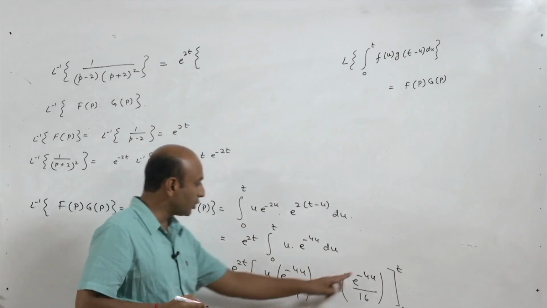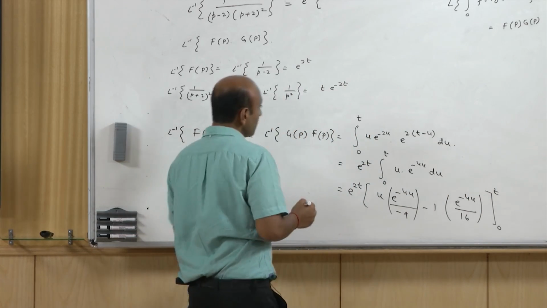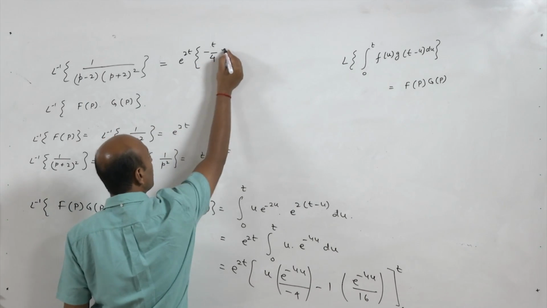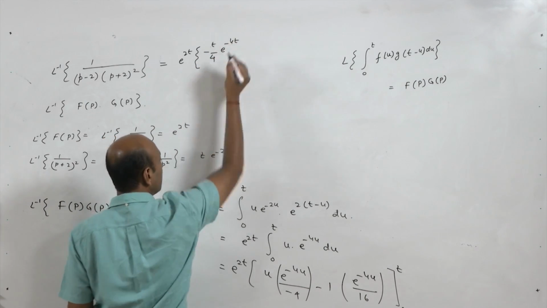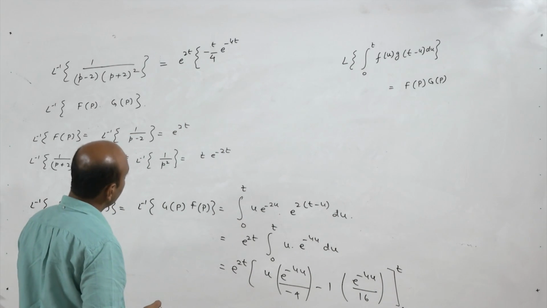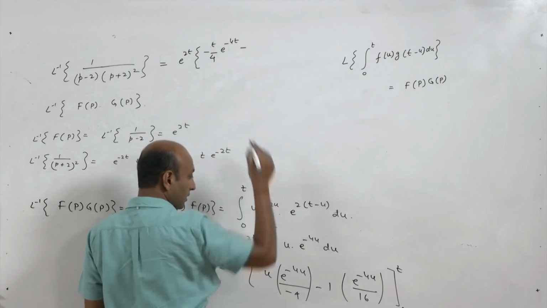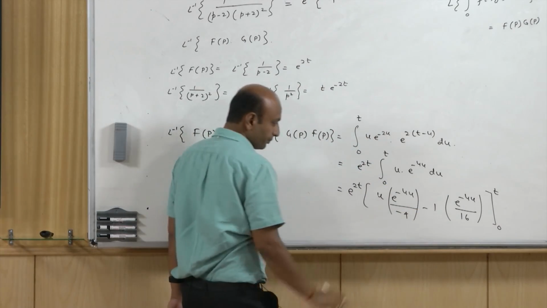When you substitute u as t, it is minus e to the power minus 4t, and when it is 0, it is minus minus plus. Okay. When u is 0, it is 0.